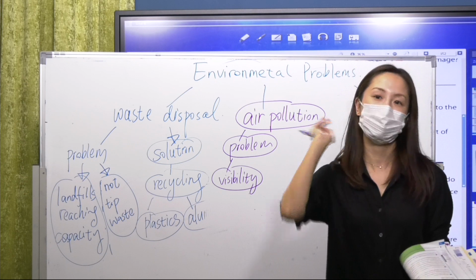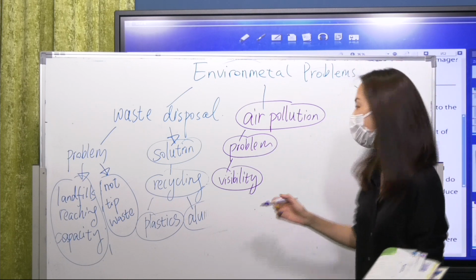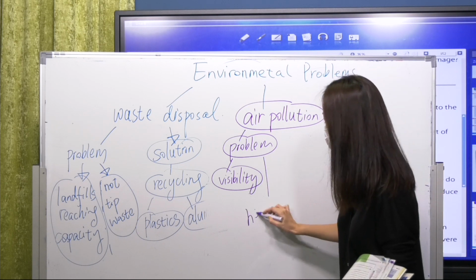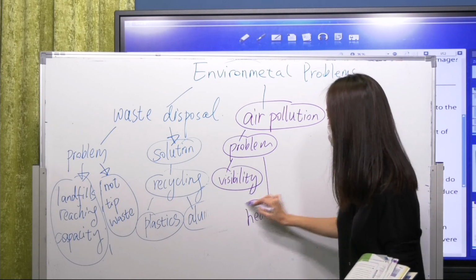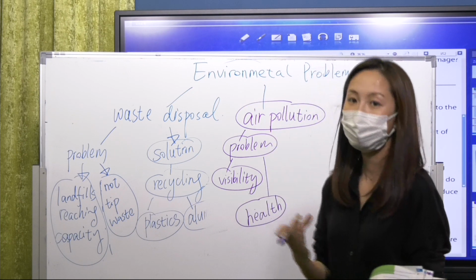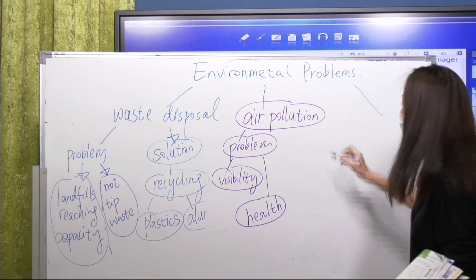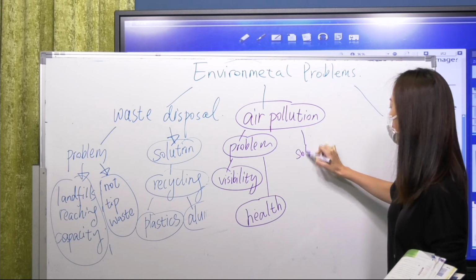Many years ago in Beijing, do you remember the smoke at that time? Okay, so you cannot see. And then it also affects our health. If you take in too much polluted air, you will get sick, especially for our lungs, okay? And then, so what is the solution?